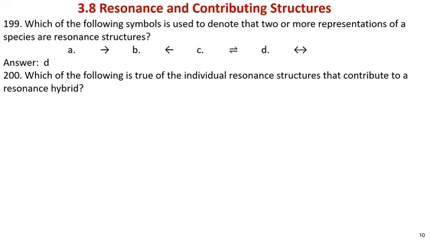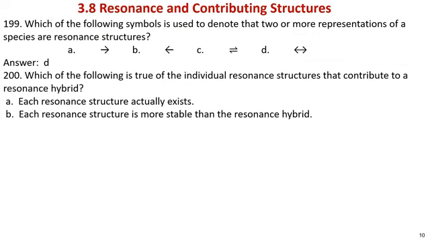There are three structures for carbonate. Does each resonance structure actually exist? No. This is a limitation of showing the structure. They don't exist, but the blending of all three is the real molecule.